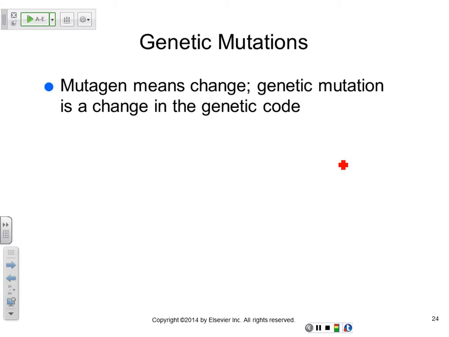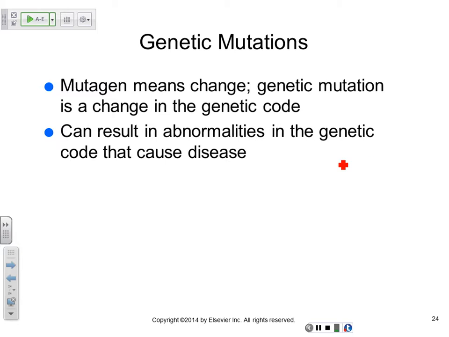So genetic mutation, there's a change in the genetic material. The base pairs are no longer aligned the same way, and when we talked about it earlier, I said the codon has 3 bases in it, and if you remove one, everything goes out of position, and it will code for a different amino acid.